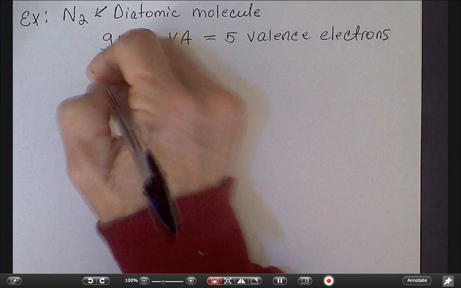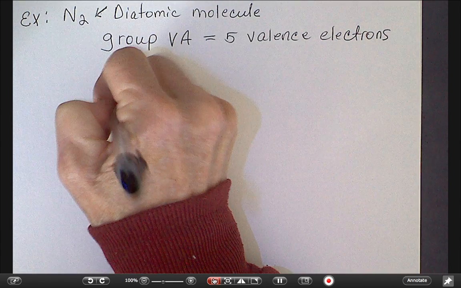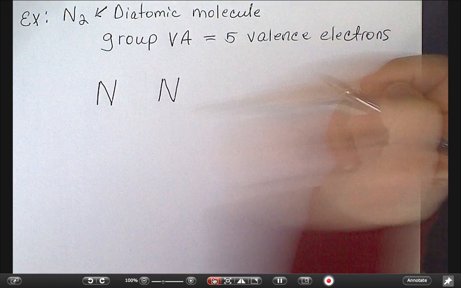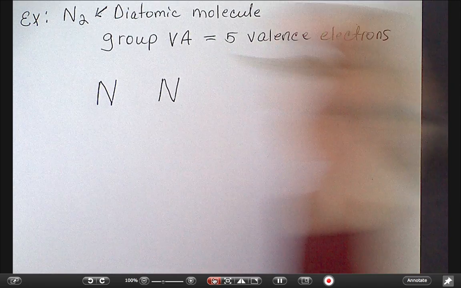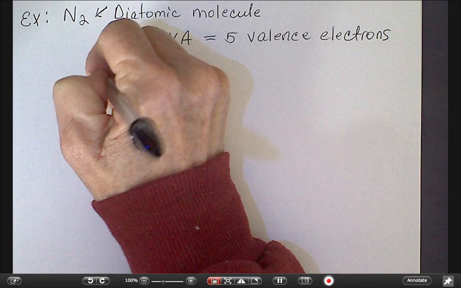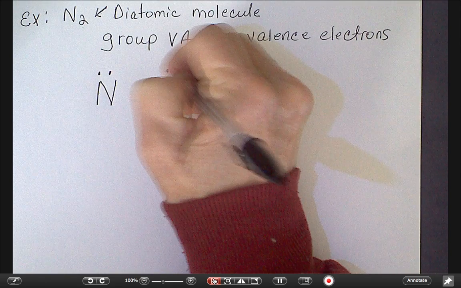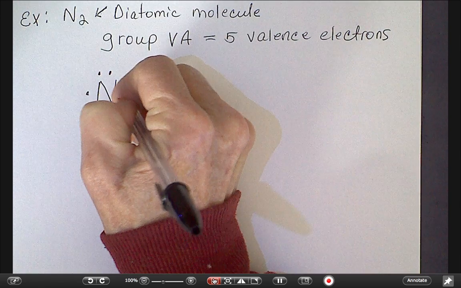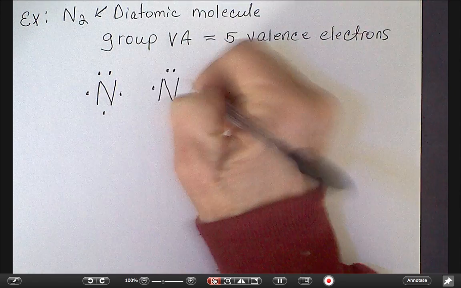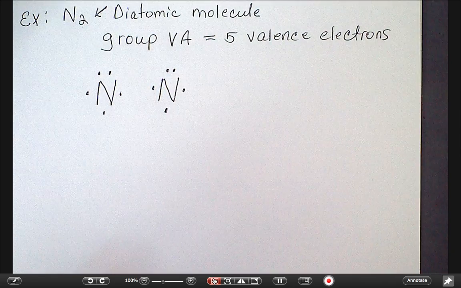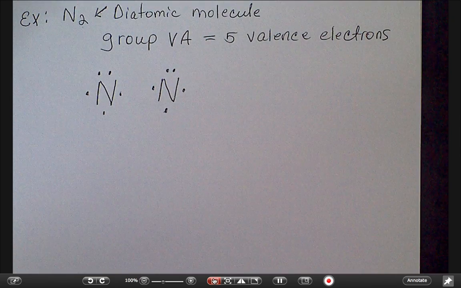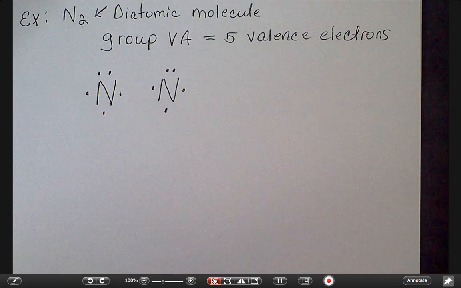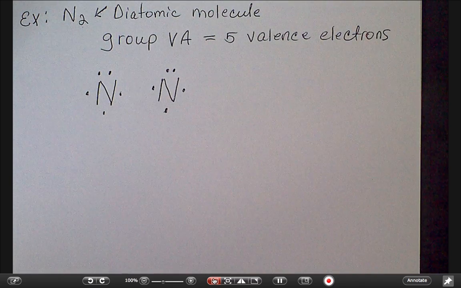Okay. So we've got 2 N's. Each N has how many? 5. So we're going to put the doubled up at the top with a single around. Does each N have 5? Yes. Now then, can you see where the triple bond is going to come from?